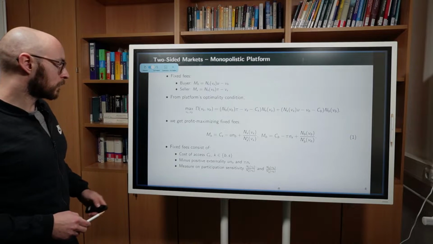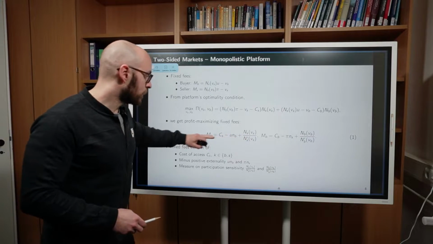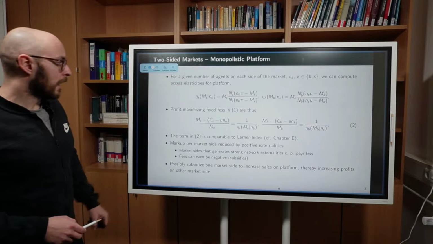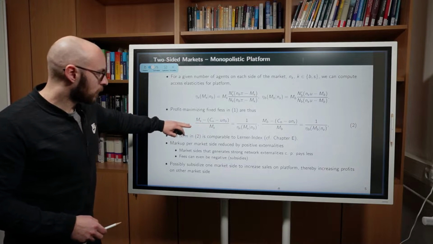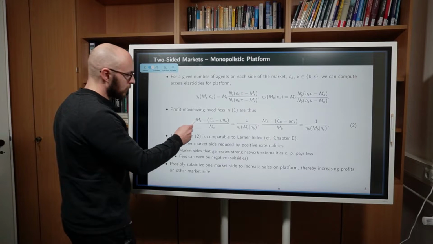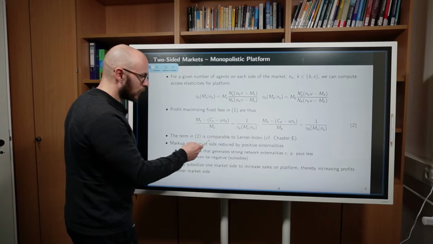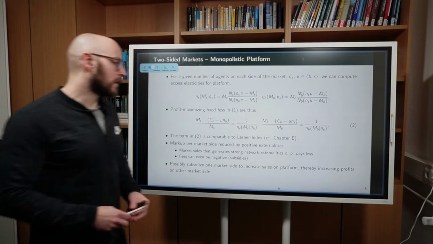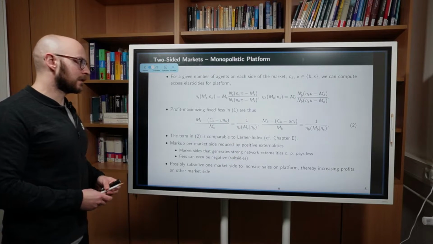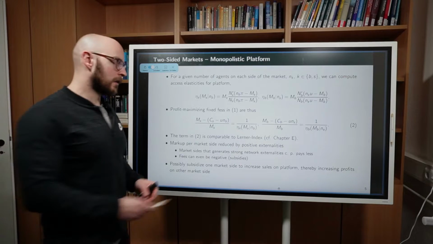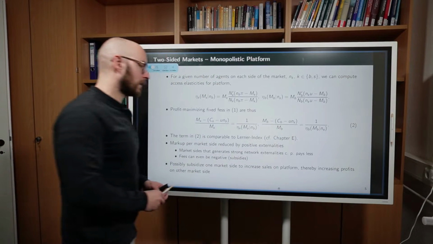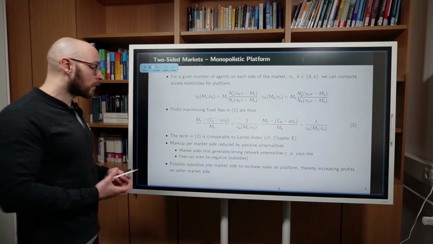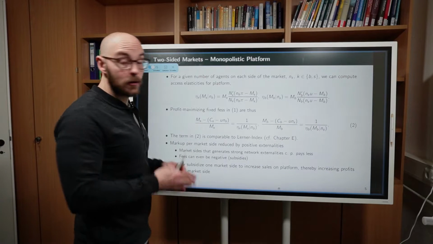So what you do is to just take these two fixed fees here and rearrange them so that you have on the left hand side fixed fee minus basically your cost over the fixed fee is 1 over the excess elasticity of the sellers, and the same of course for the buyers. And that's something that we have already encountered. It's basically a Lerner index.